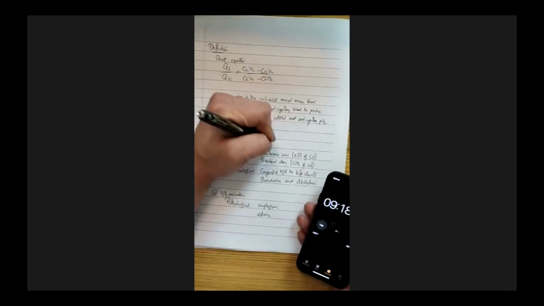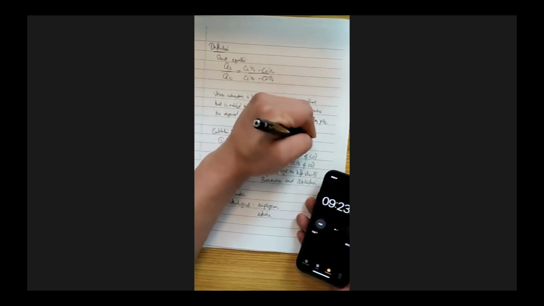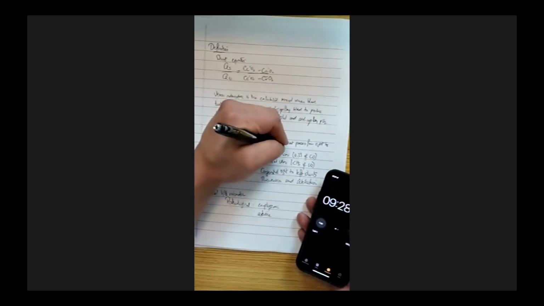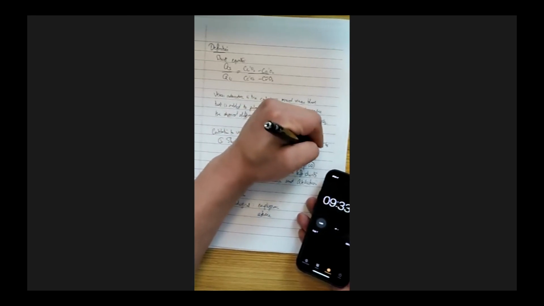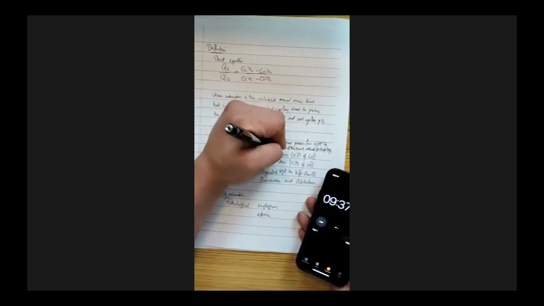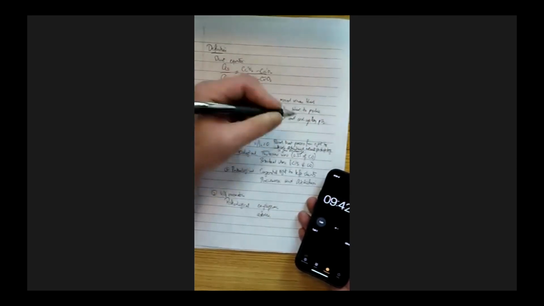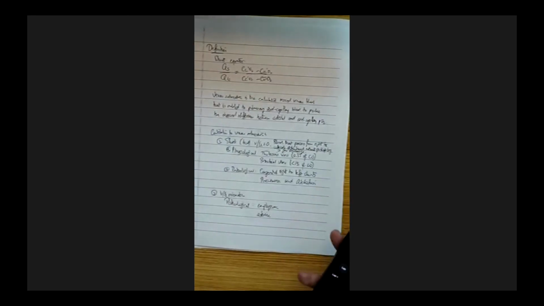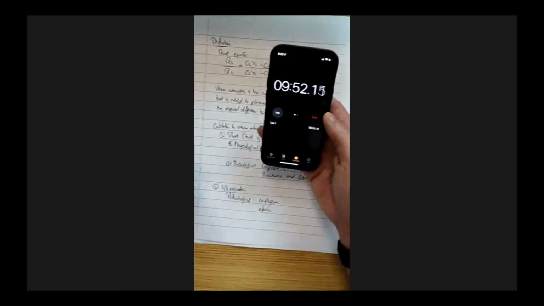Shunt passes from right to left side of the heart without participating in gas exchange. All right, there we go. That's 9.